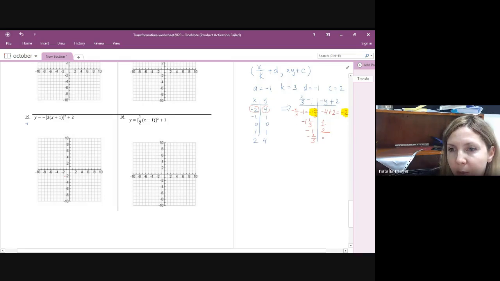And no surprise, because the rest of the y coordinates are going to be symmetrical. So the last one is 2. 2 over 3 minus 1 is -1 over 3. And for the y value, we have 4. -4 plus 2 is -2. Okay, so I got, let me highlight them.